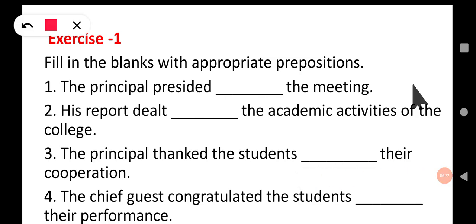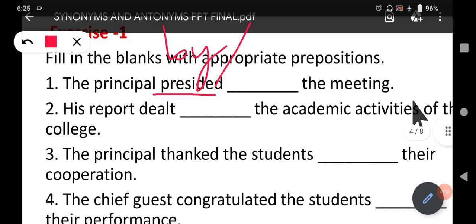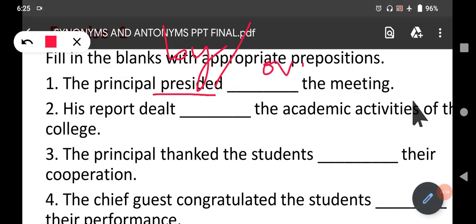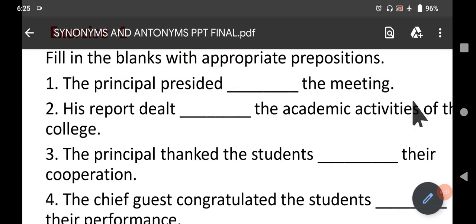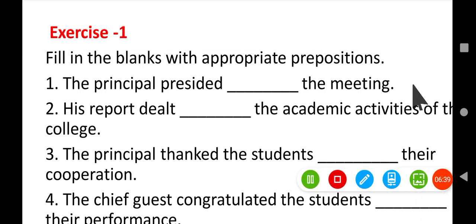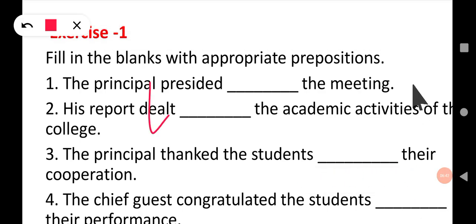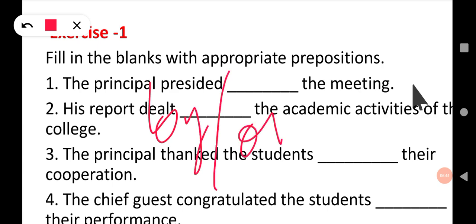You have two prepositions which you can use with the word presided. One is presided by, another one is presided over. Presided by has the meaning of by the side of, whereas presided over is used when someone is the head of a meeting.